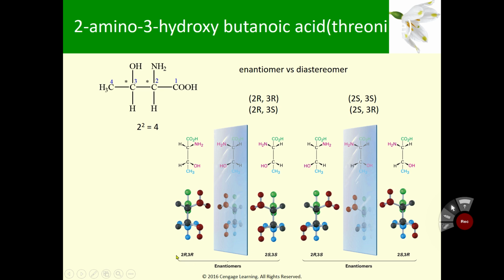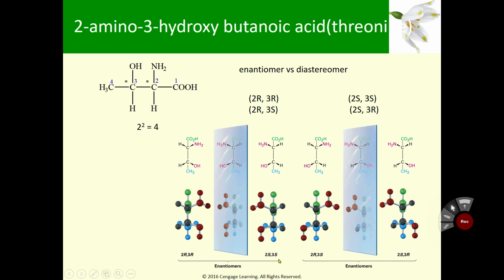Therefore, threonine, which has 2R 3R configurations, will have a mirror image relationship with 2S 3S. I told you that there are 4 isomers. Now we talked about 2 out of 4.